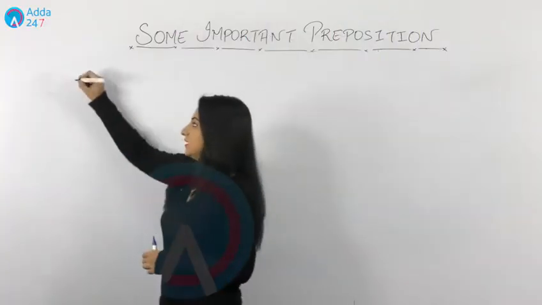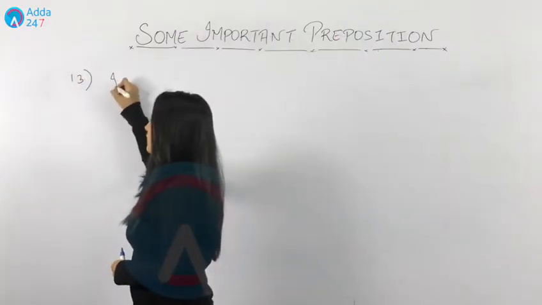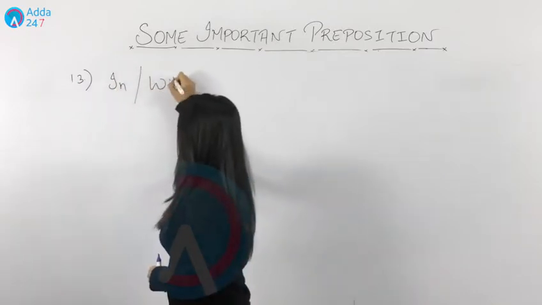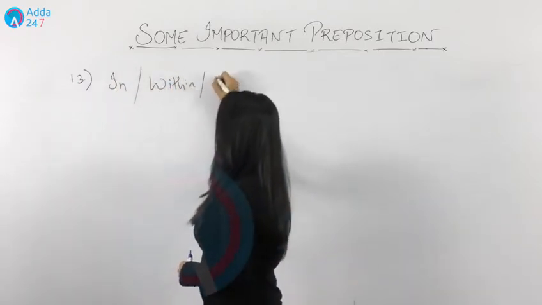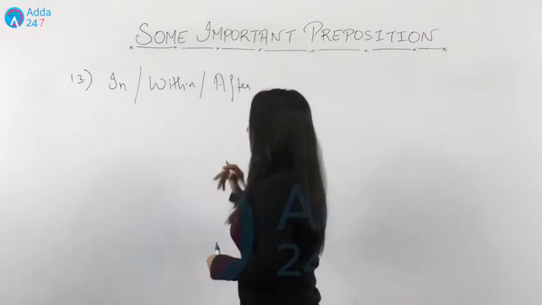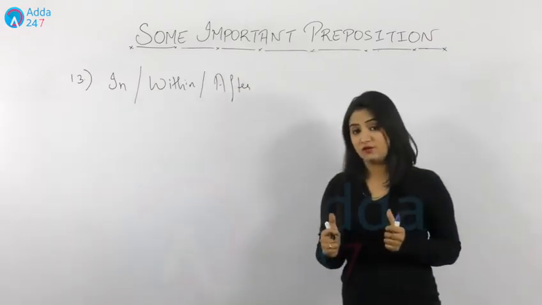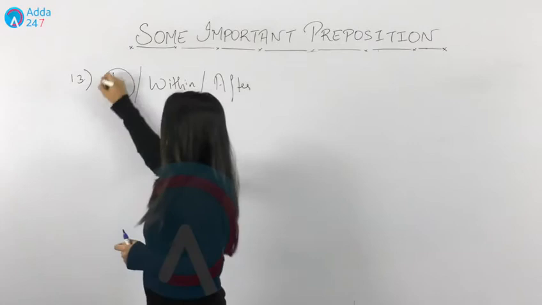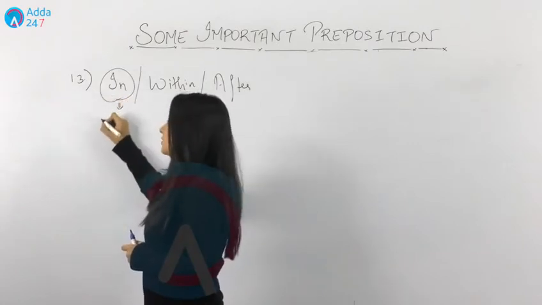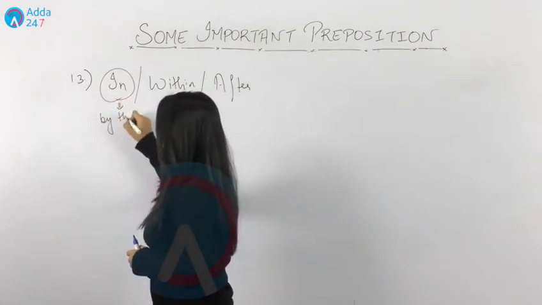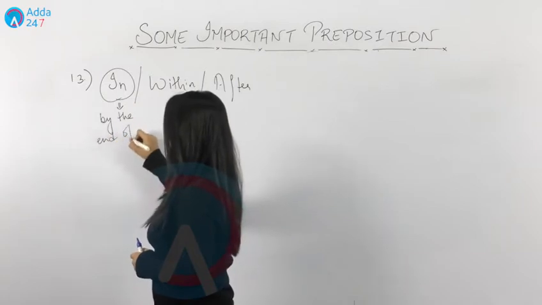Now next is the 13th one, and in this we have in, within, or after. What is the difference between in, within, and after? When I say in, it means by the end of time.